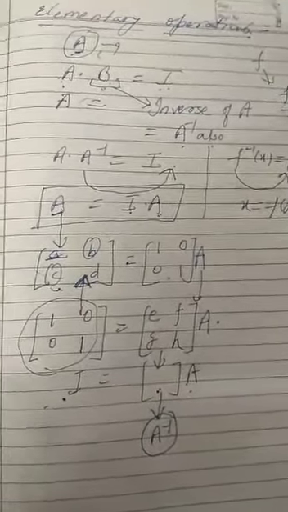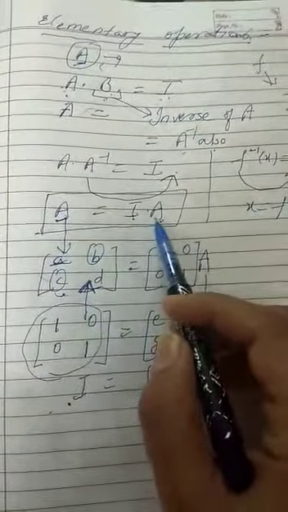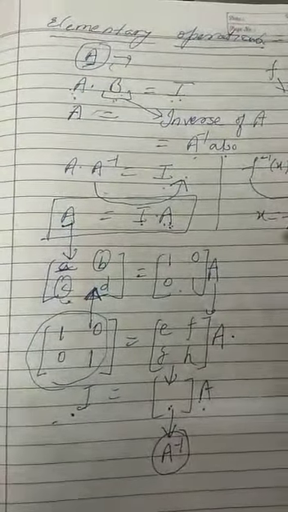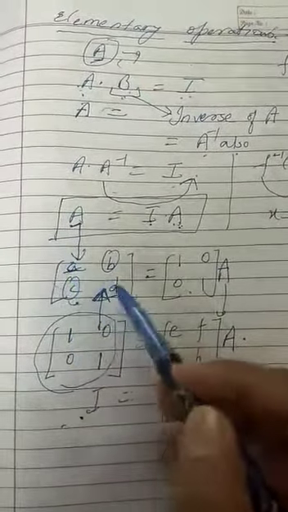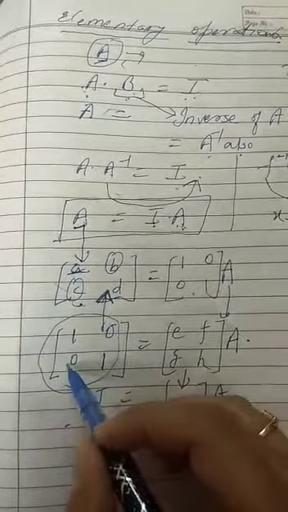Let me repeat what we will be doing in the sums, because this is the concept AB equals I. Same concept we are using. We will write down A equals IA, and this has come from this, right? And we will apply the elementary operations in such a way as to make the first element A11 and the A22 element 1, and these two elements 0.